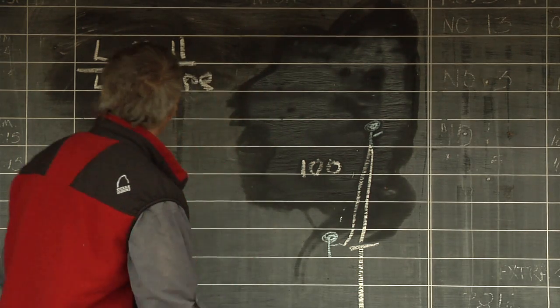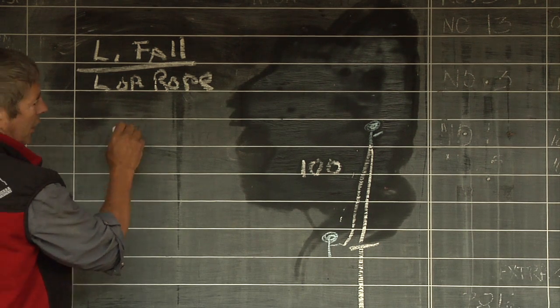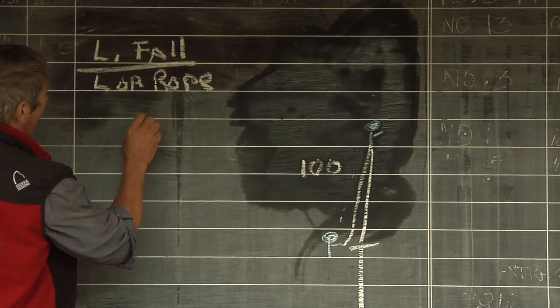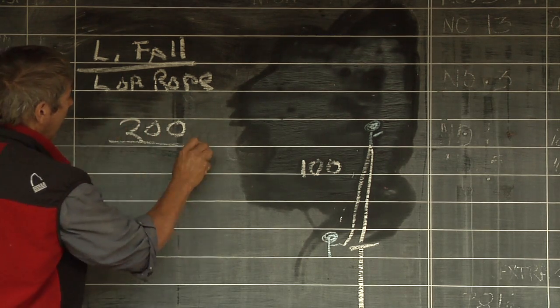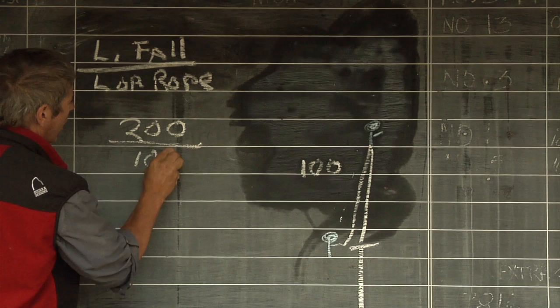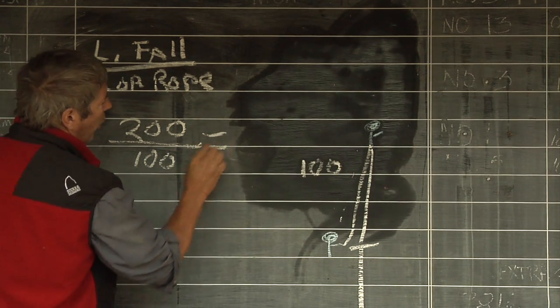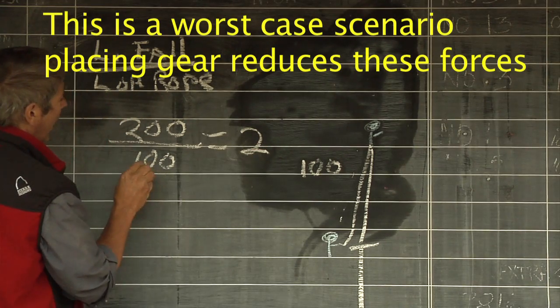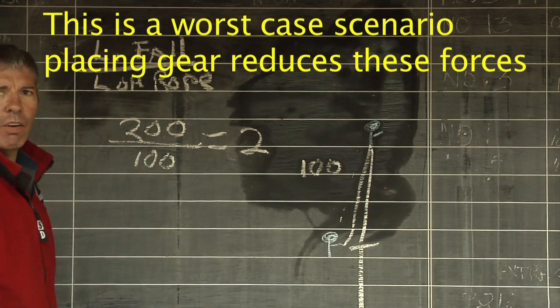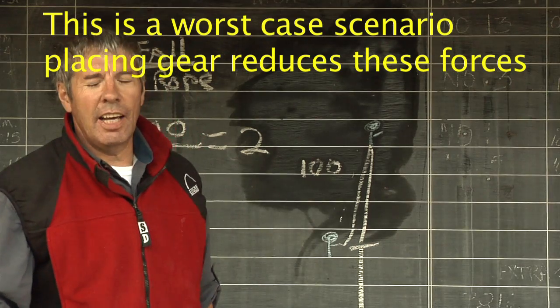So the length of the fall would be 200 feet. The length of the rope out would be 100 feet, and we get a worst case scenario of a fall factor 2 when we divide the length of rope into the length of fall. And that's as bad as it can get.